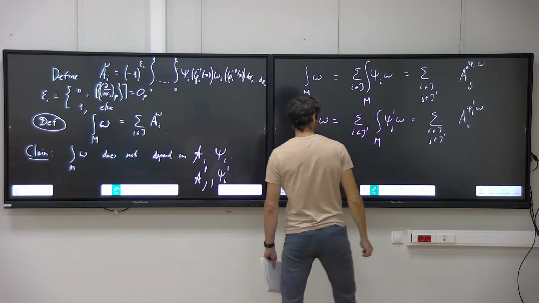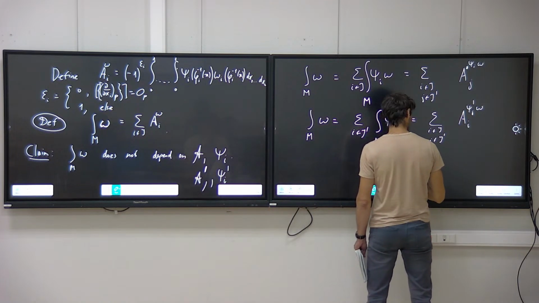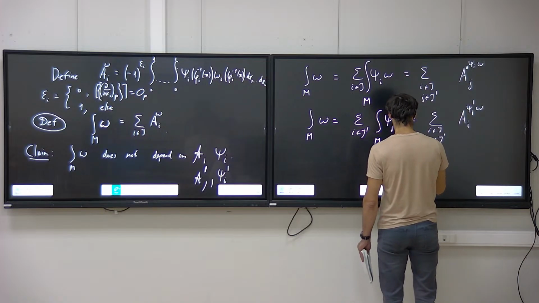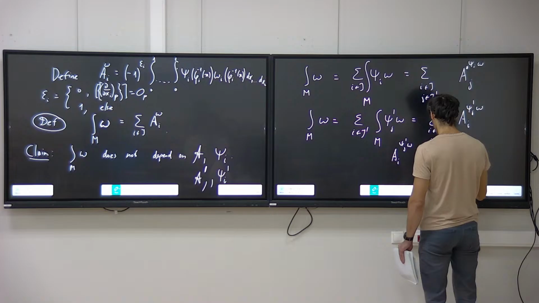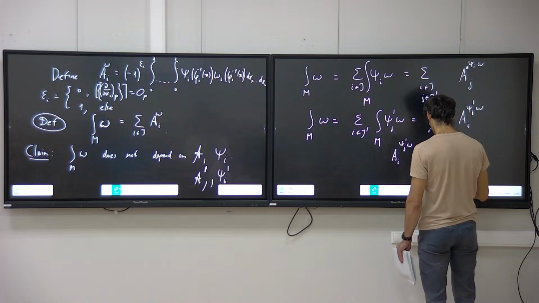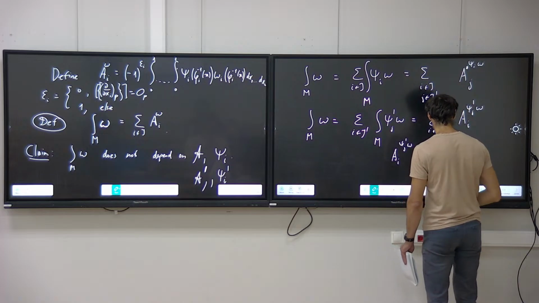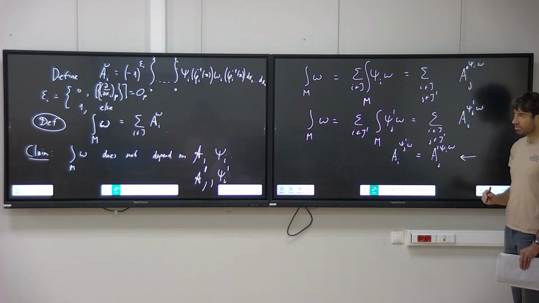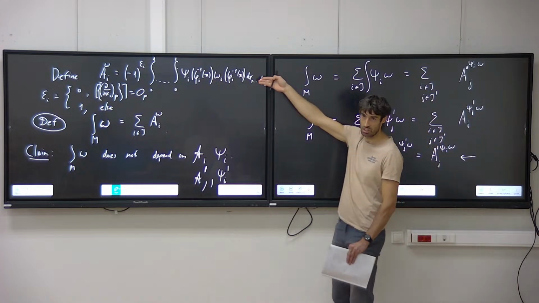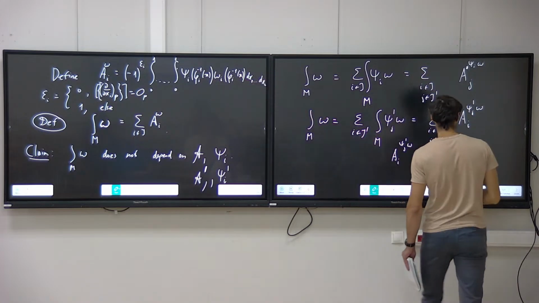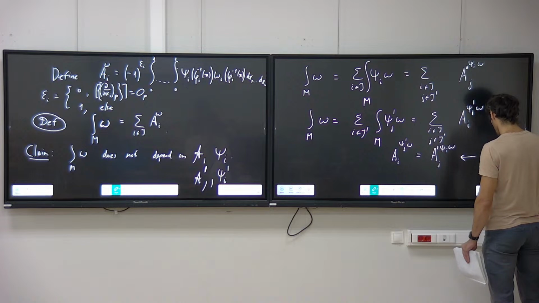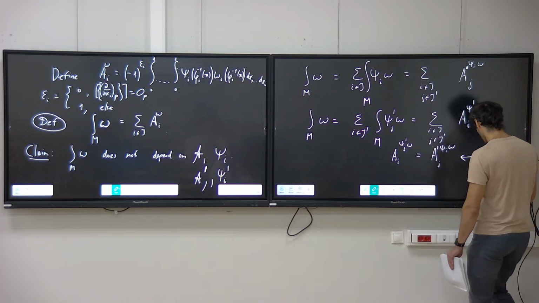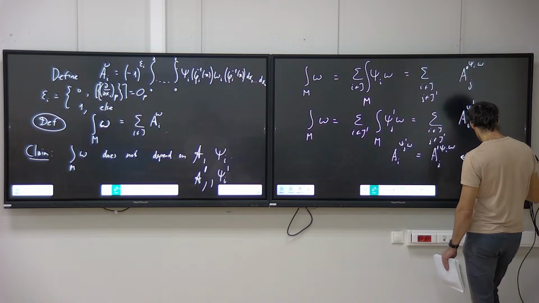You can check that the integral of psi I psi J prime omega is equal to that of psi J psi I prime omega. This is just the change of variable formula, a change of variable of integration inside the integral. You can check it, let's not write it.